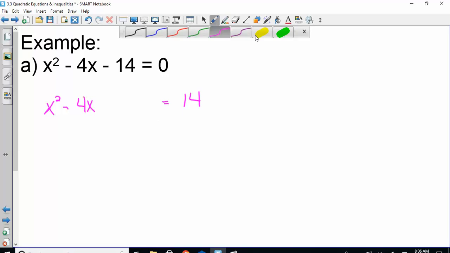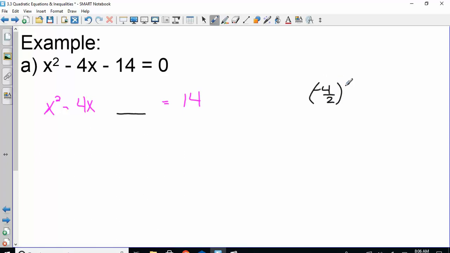Then I need to figure out what I should add right here so this will be a perfect square. The pattern we were figuring out is it's always half of this number, squared. So negative 4 divided by 2, which is negative 2, squared is positive 4.